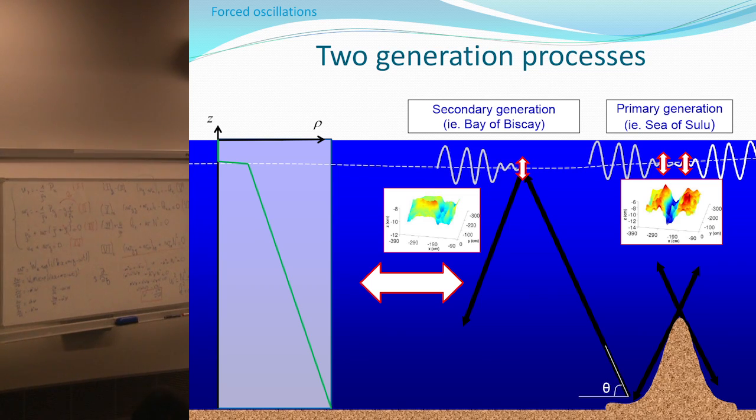And the other process that has been discovered more recently regarding this solitary wave generation is secondary generation. It has been observed, for example, in the Bay of Biscay, and researchers observed the propagation of solitary waves, but really far away from any rough topography. So they made the assumption that it was probably another mechanism at play here for the generation of these solitary waves.